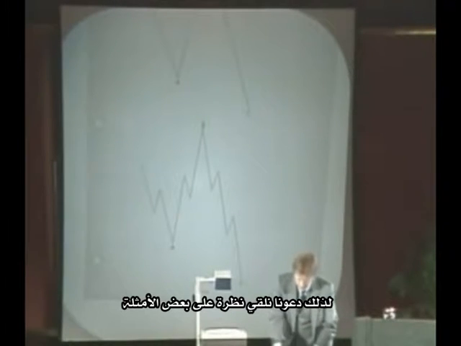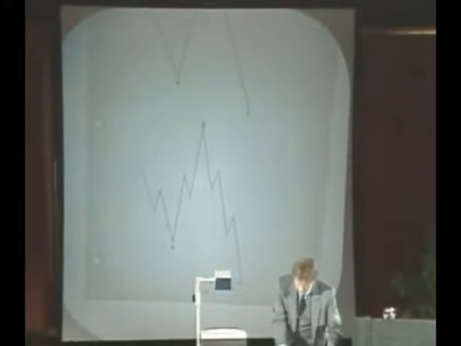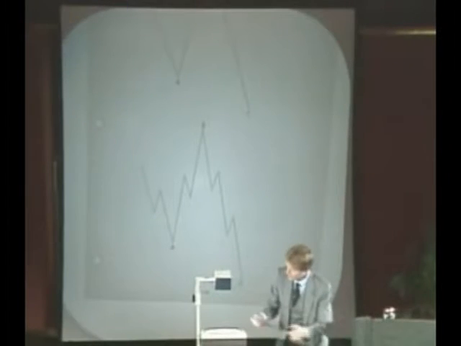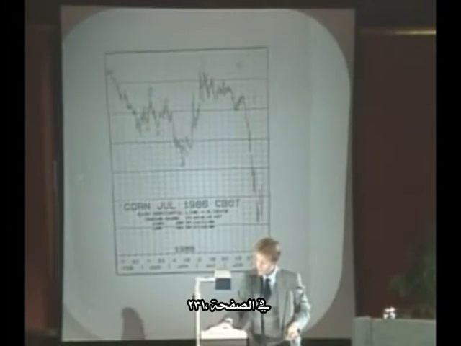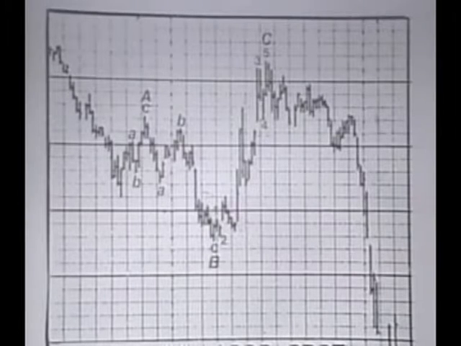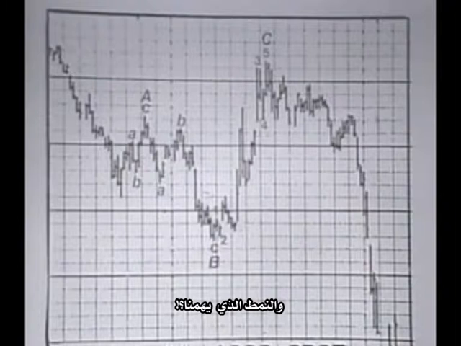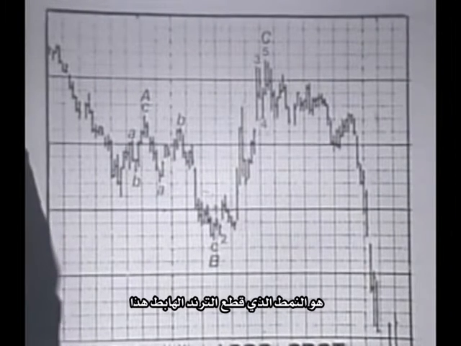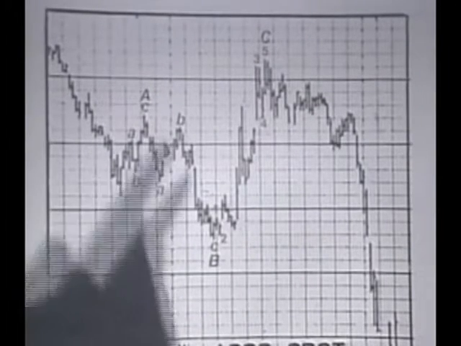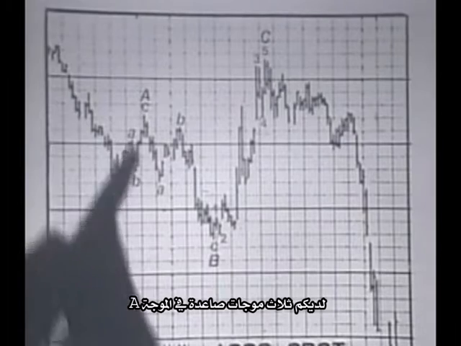So let's take a look at a couple examples. Page 231, a chart of July corn back in 1986, and the pattern that we're interested in is the pattern that interrupted this downtrend, interrupted the main trend. Remember, that's what corrections do. Right here, you've got 3 waves up for an A wave.